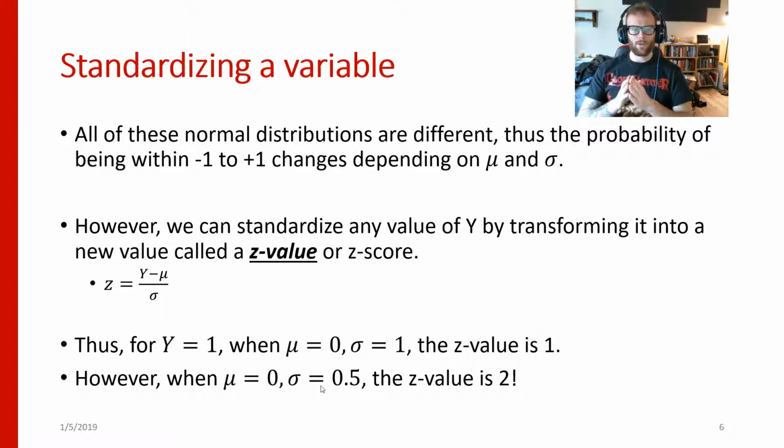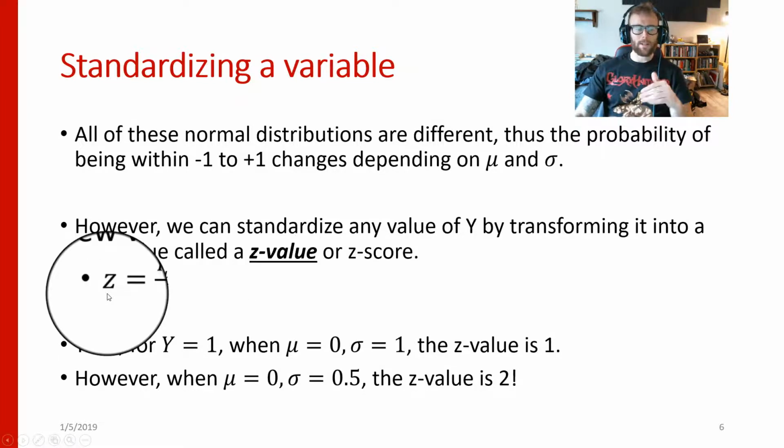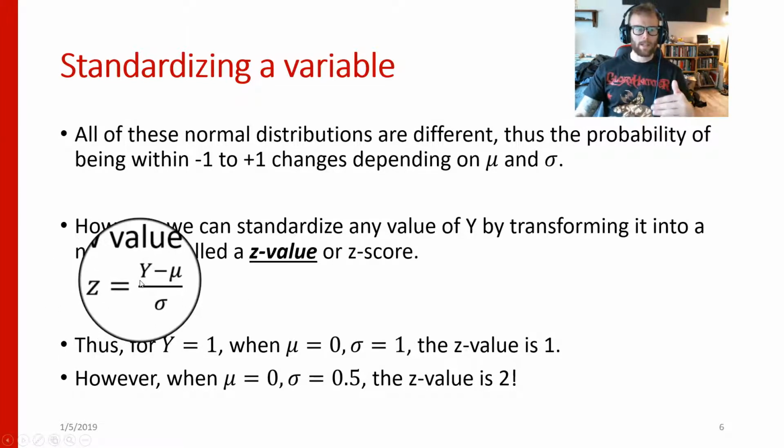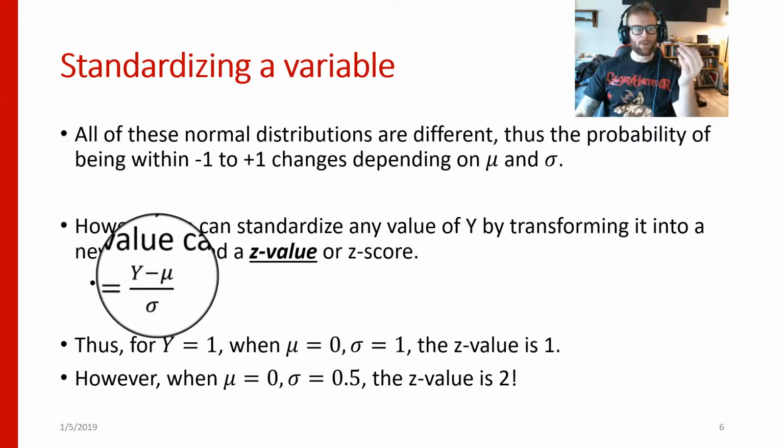So what we can do is transform any value. Let's say we have a variable y, and we're going to transform that into what we call a z-value or a z-score. The z-score is a normalized score in which we take the value that we observe, the y, subtract the population mean, and divide by the population standard deviation.